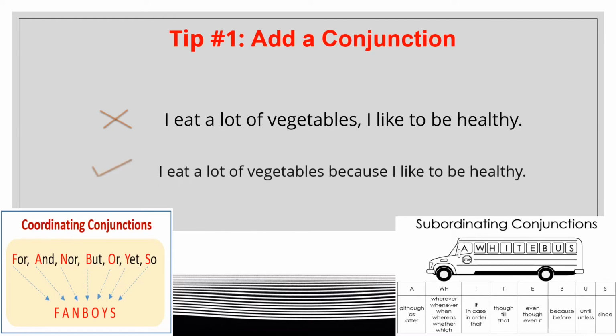For example, like this. I eat a lot of vegetables because I like to be healthy. So here we are using because, and because is our subordinating conjunction here. So by using a conjunction, it shows us how the two sentences are related.